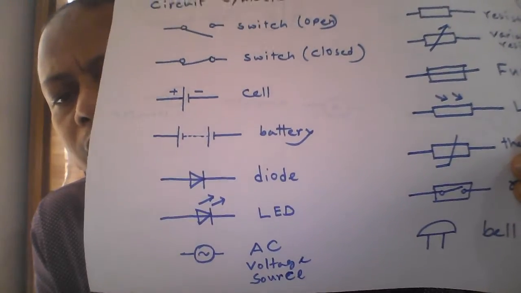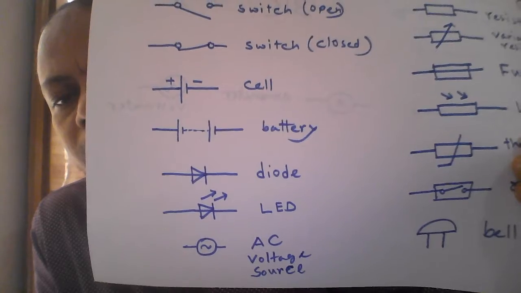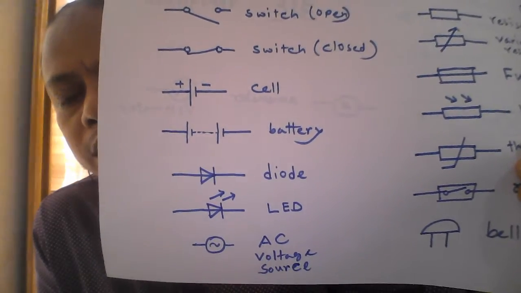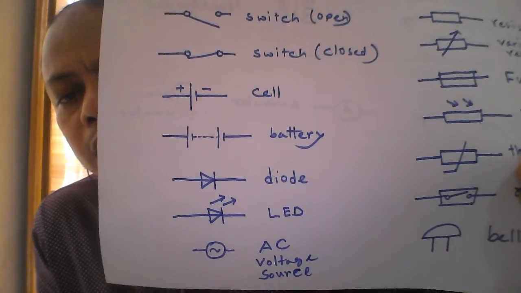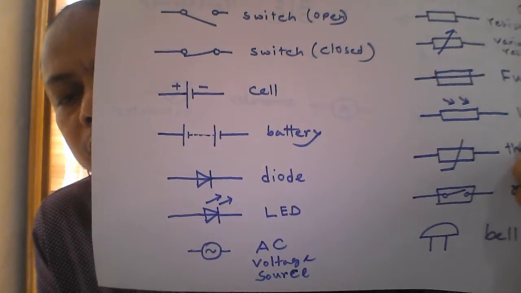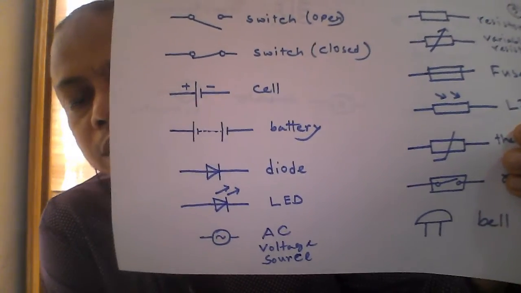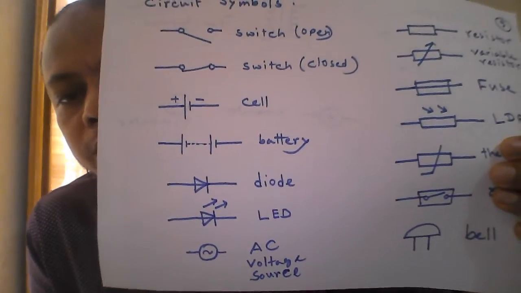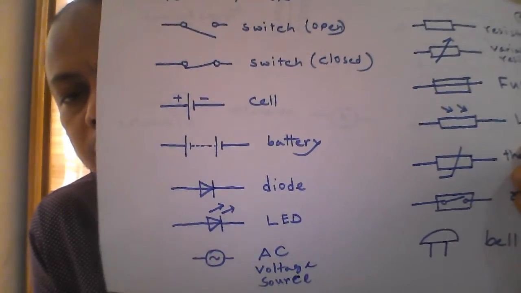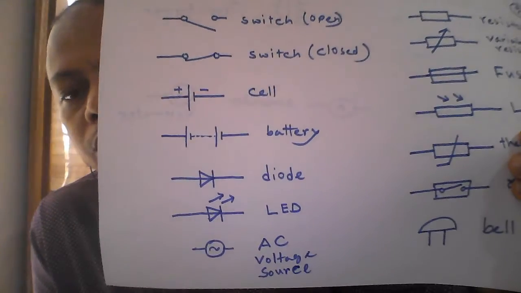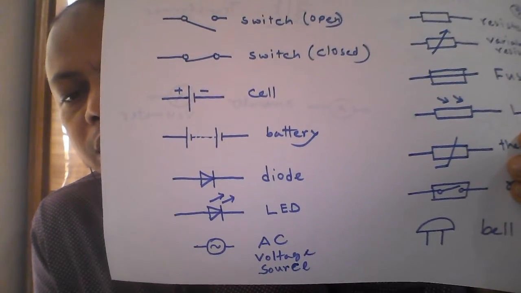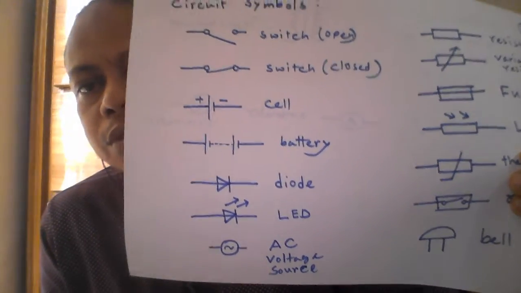AC means alternating current. More details about AC voltage or AC current in the chapter electromagnetic induction. There we will discuss about this more details. Now you just learn the symbol. You do not need to know in details what is AC voltage source or how does it work.